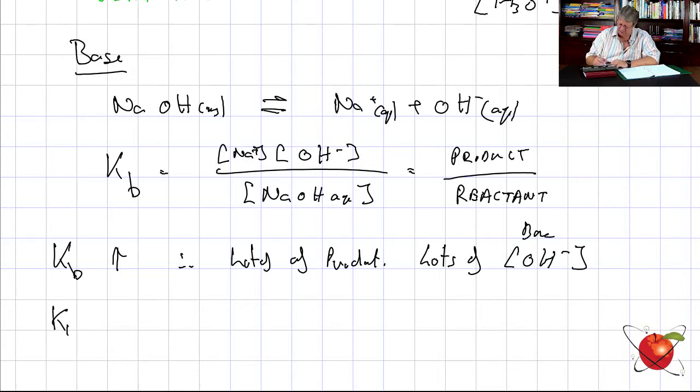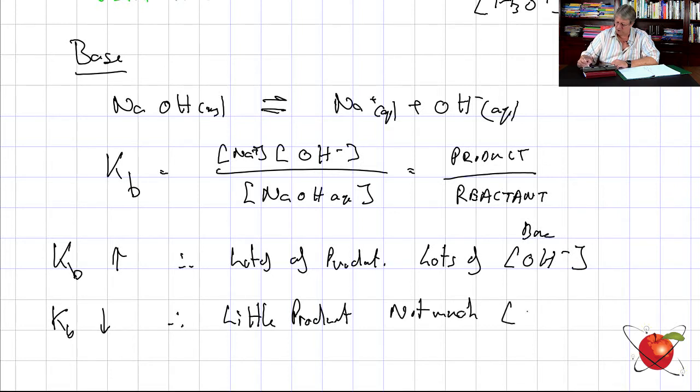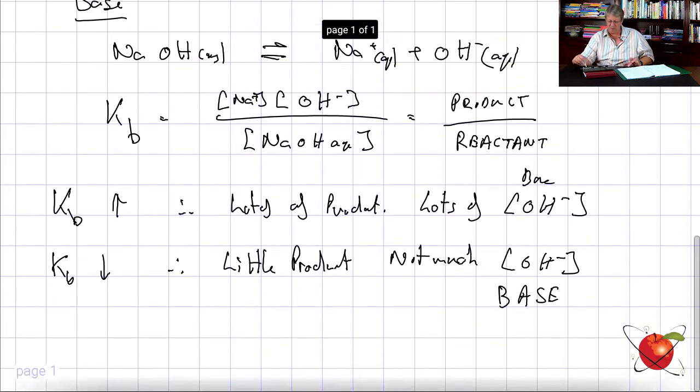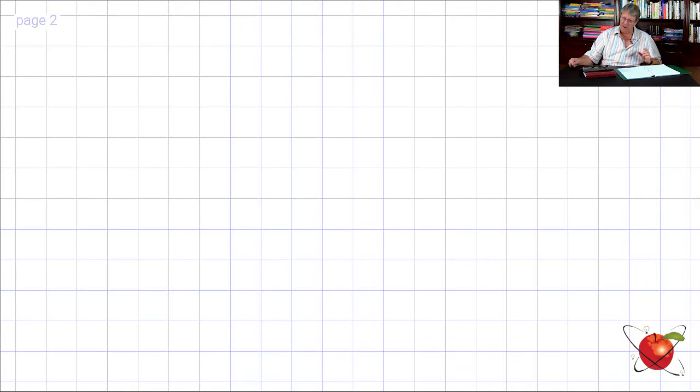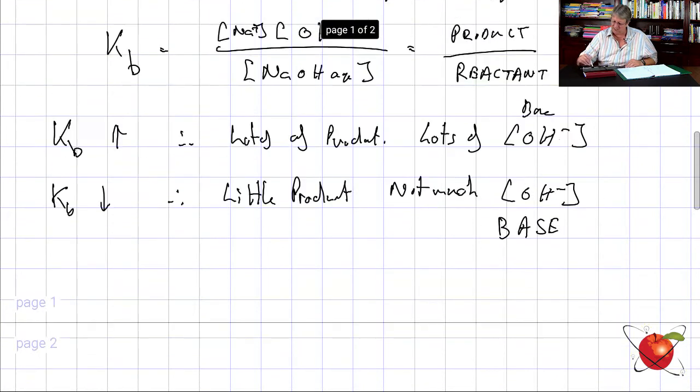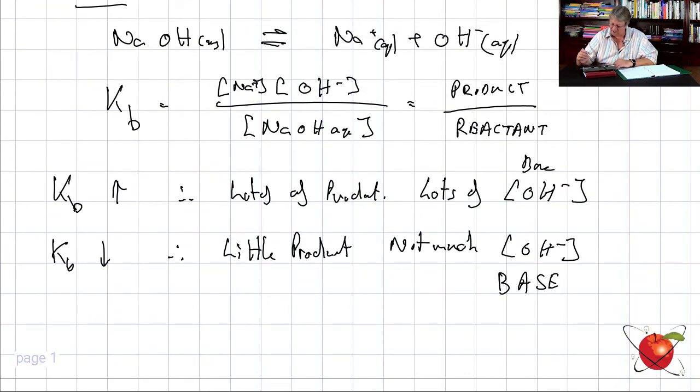If Kb is very small, there's little product, not much OH minus, not much base. That is pretty self-explanatory. It's the same as the acid. The concept is what we're after here. So we can go back up, and let's go back to the red. This is a strong base.